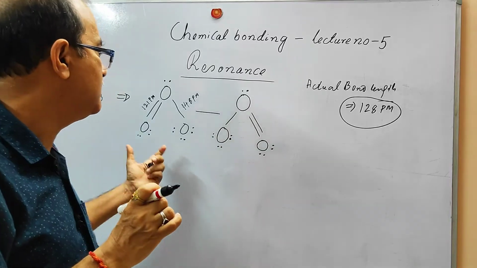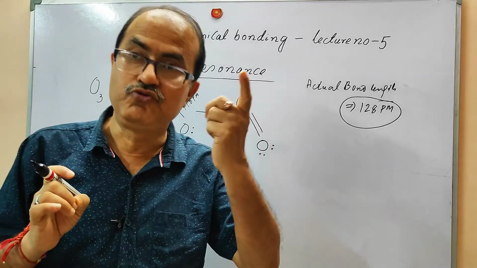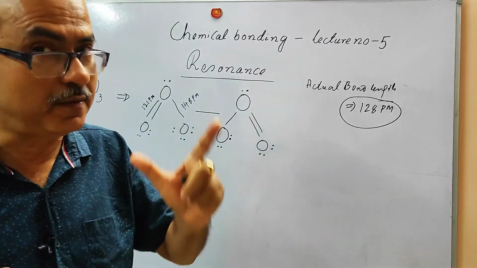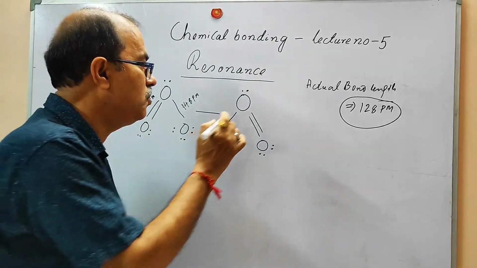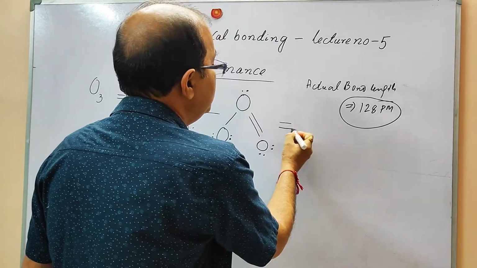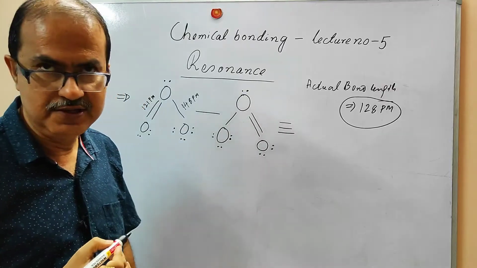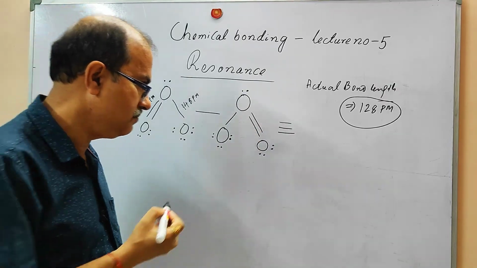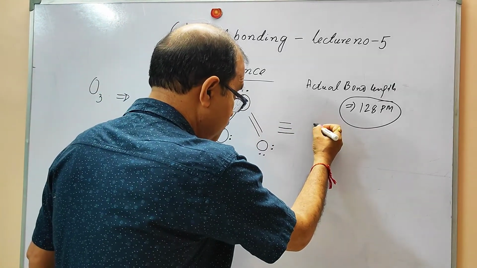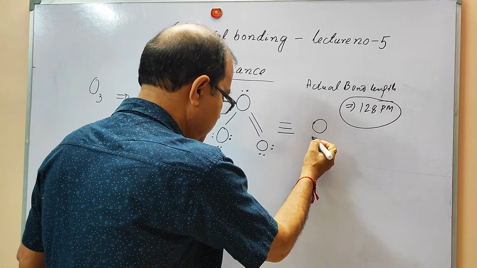This is called the actual structure, which explains the bond length of this O3 molecule. It is called the resonance hybrid, and this resonance hybrid structure will be like this.